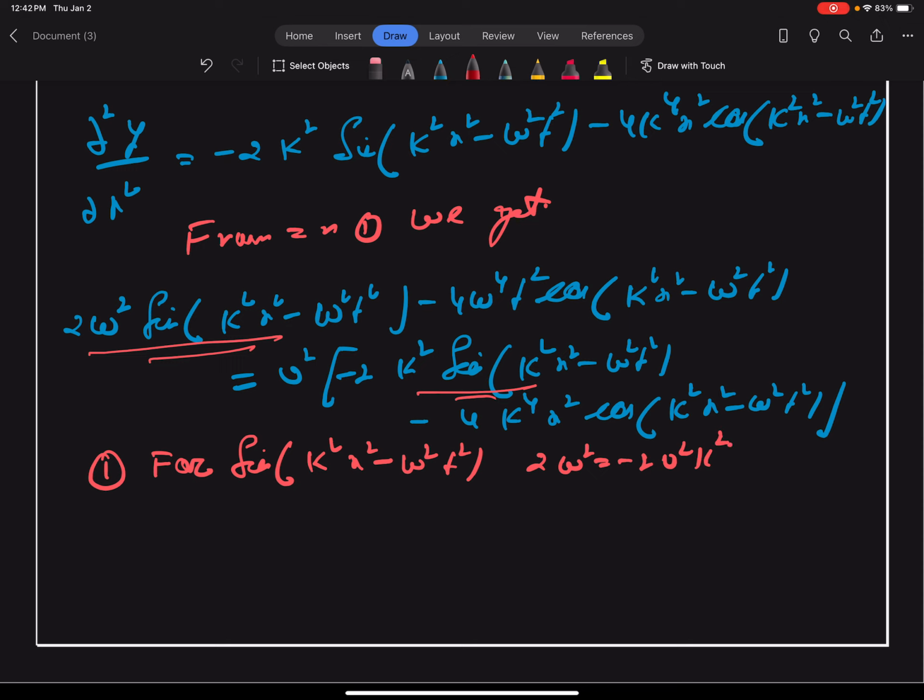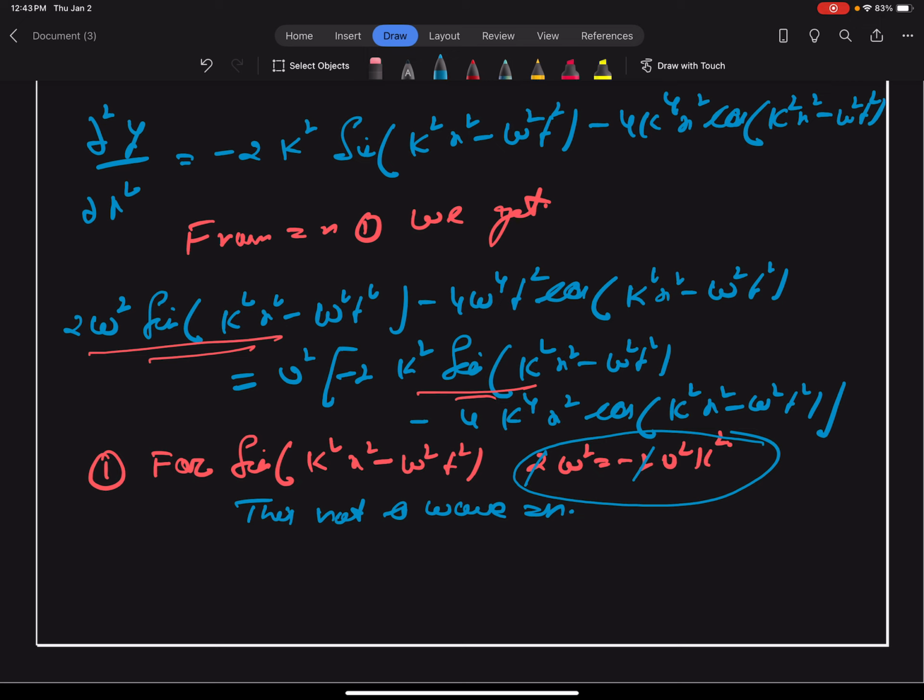Once again, because this is same as omega square will be greater than 0, so this particular equation will not be your wave equation, okay? Because we have already proved it. So you can say this is not a wave equation.